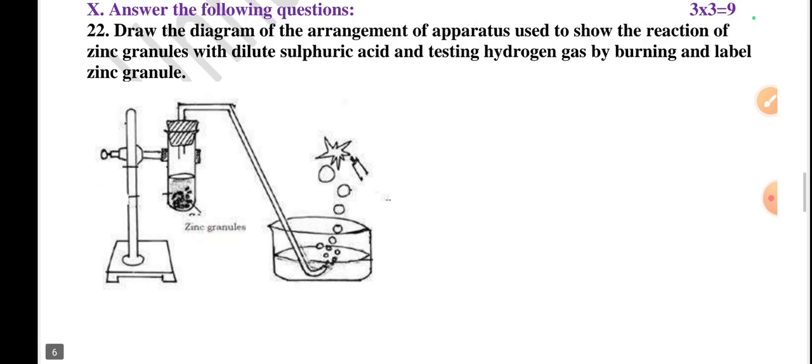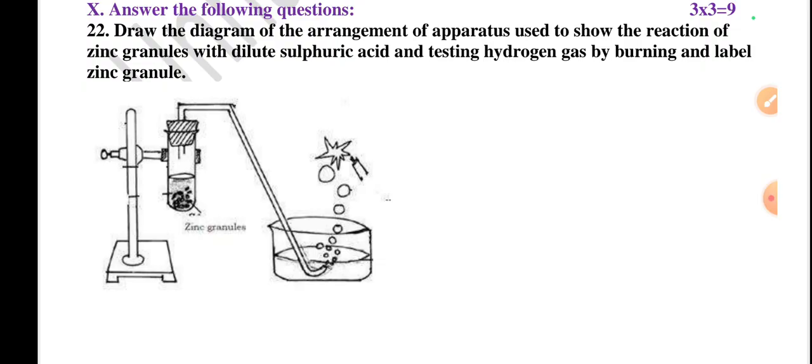Then we have to see the arrangement. They took a stand, test tube, rubber cork, delivery tube, and zinc granules in the test tube. They added sulfuric acid in the test tube, and whenever the zinc granules react with the sulfuric acid, they produce hydrogen gas. That hydrogen gas is transferred with the help of the delivery tube to the soap solution in the container, and bubbles are created. Hydrogen is a lighter element, so the bubbles start to float or fly.